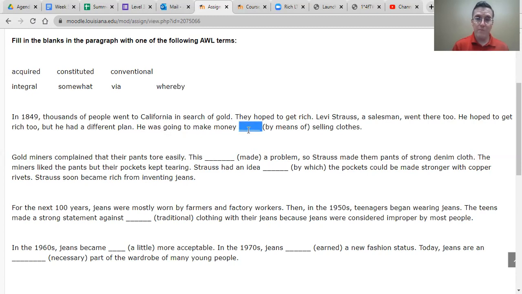But I'm definitely going to need some kind of preposition or adverb, right? It's not going to be a noun. It's not going to be a verb or adjective. Something else is going on because I have the phrase "by means of." So I'm thinking somewhat "via" or maybe "whereby."